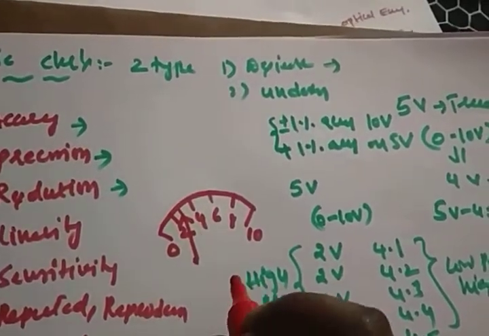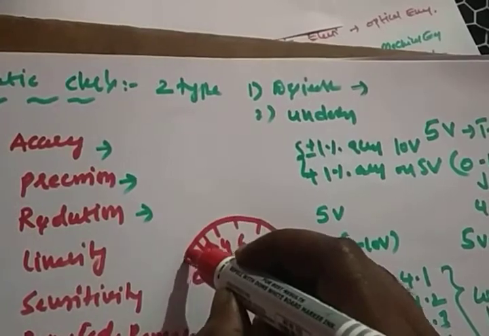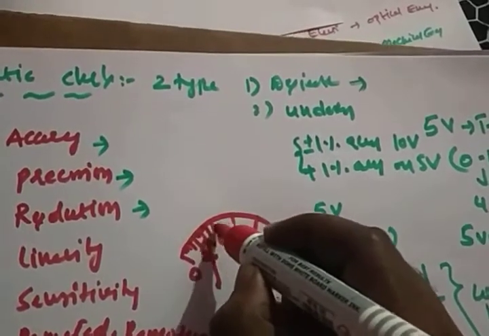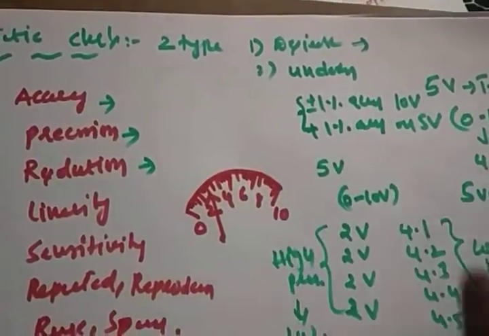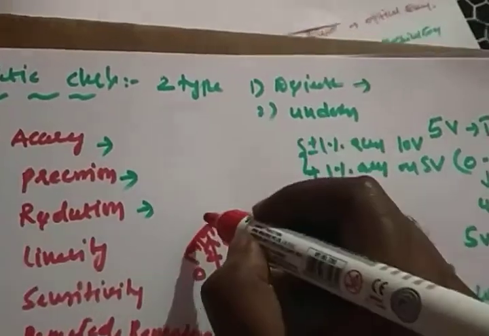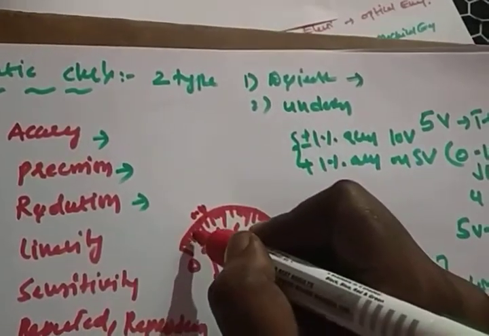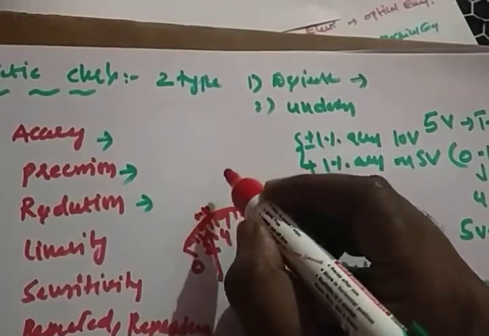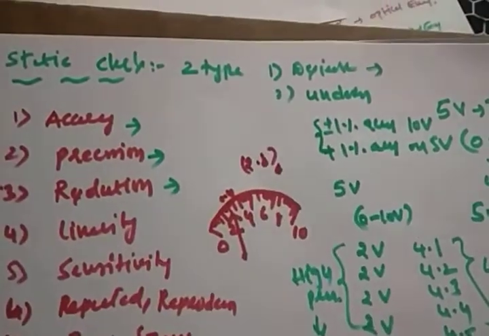For that resolution, we have a number of divisions. So you place a number of divisions over here. For each and every division, you know the resolved value. Suppose the pointer over here is at 0.4, this is the third step, that means 2.8. So this is the accurate value, and this is the resolution of that instrument.